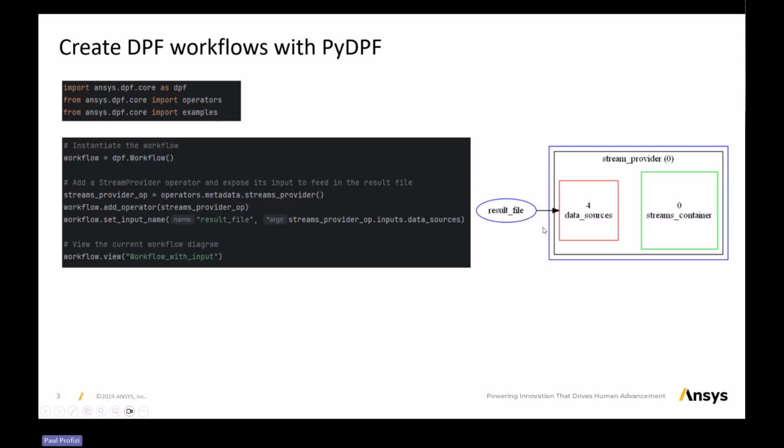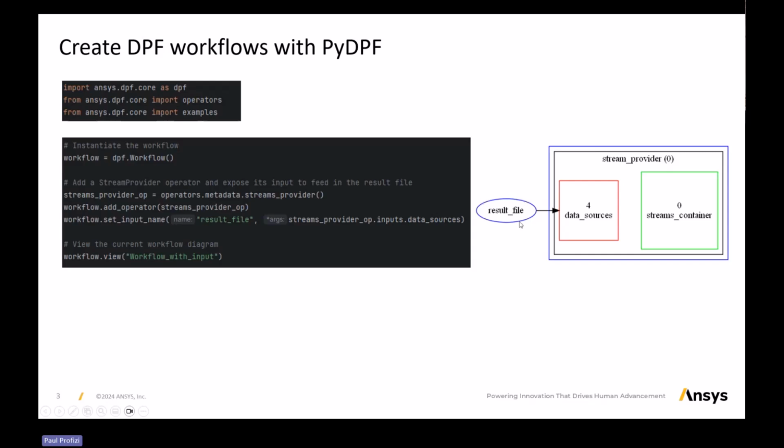I have the blue box, which is the overall workflow. Then inside is a black box, which is an operator. In this case, we have only one, which is a streams provider operator. This operator has one input pin, which is data sources, and one output pin, which is a streams container. So that's what it does. It gives you a streams container based on the data sources.